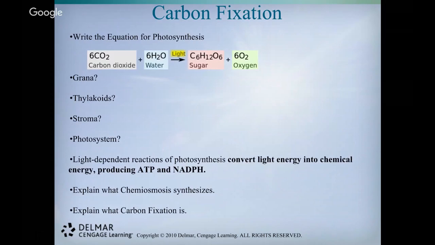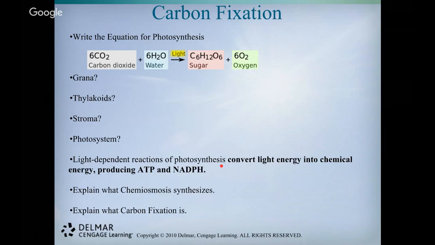So here is our equation. I wanted everybody to do a little refresher here on what the equation is for photosynthesis. Grana are simply stacks of thylakoids. Thylakoids are inside of the chloroplast. Stroma is the intermediate substance that surrounds the thylakoids. Photosystems are inside of the thylakoids, and this is where the electrons actually were in the electron transport chain.